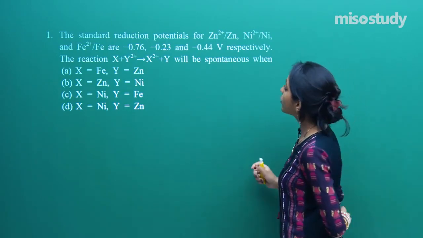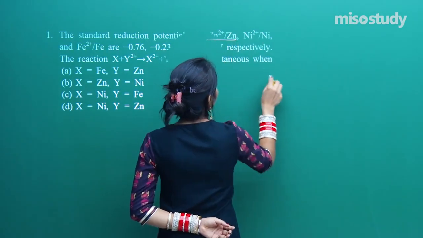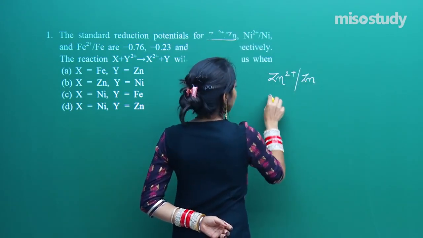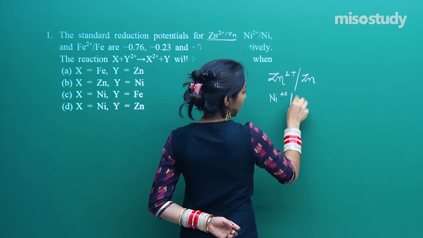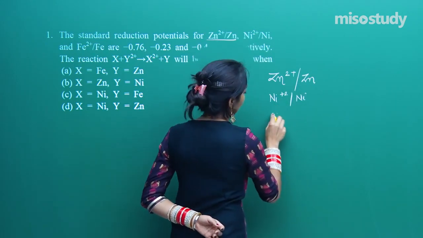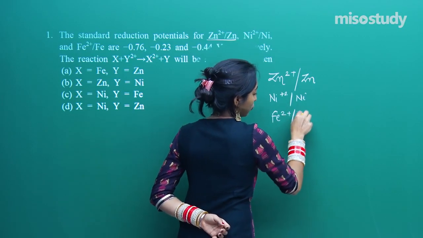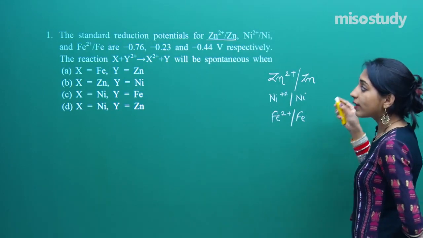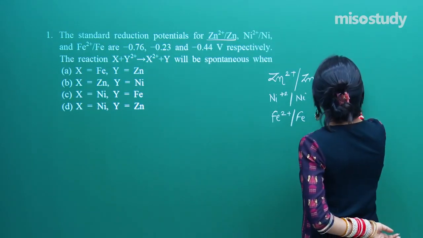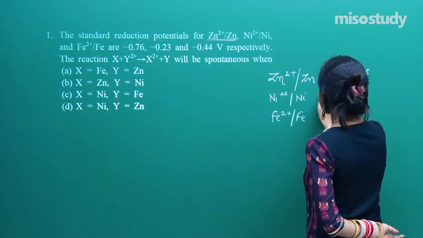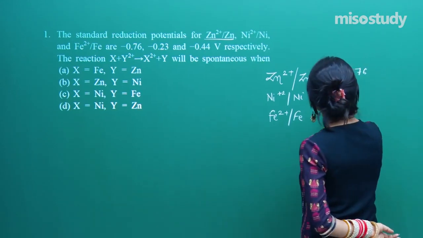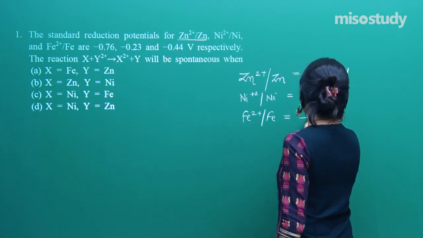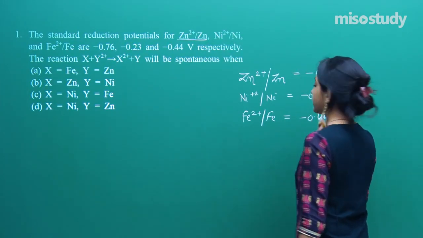First one says Zn2+ to Zn, the second says nickel 2+ to nickel, and the third says iron 2+ to iron. These are the three couples which are given, and their reduction potentials are given to be minus 0.76, then minus 0.23, and the third one is minus 0.44 volt, right?